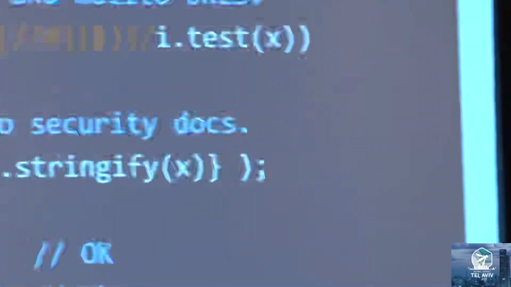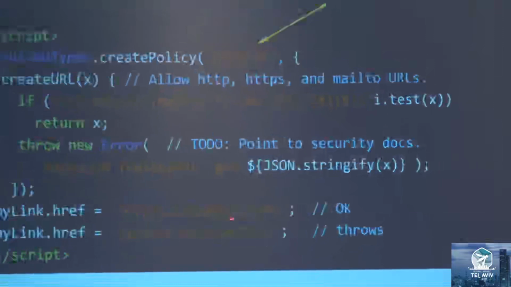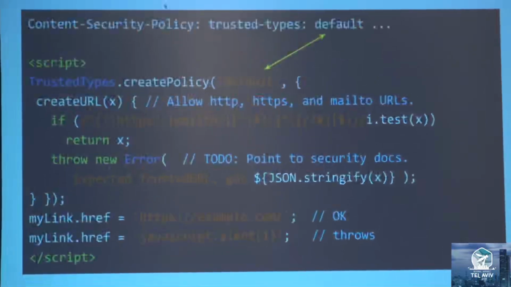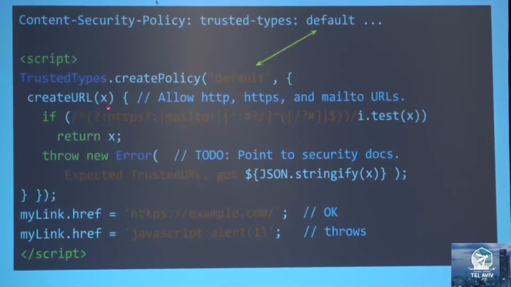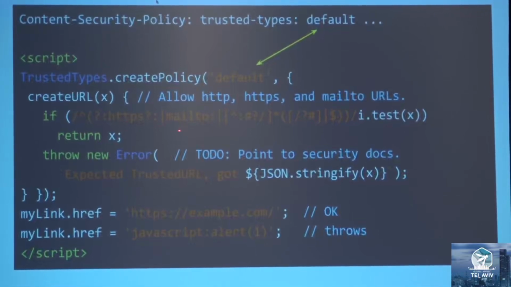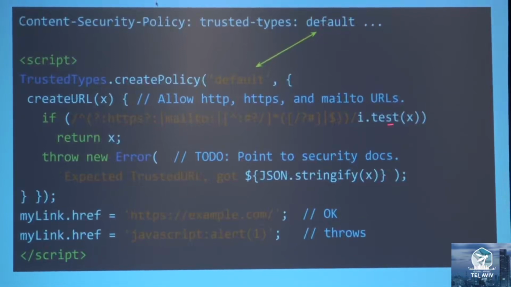So here you can see that I've whitelisted a policy named default. Default is a special name. The default policy is applied implicitly whenever a string assignment happens. And here I'm defining a default policy for URLs. So if the URL starts with HTTP or HTTPS or mailto, or it doesn't have a protocol, according to that line noise, then it's allowed.